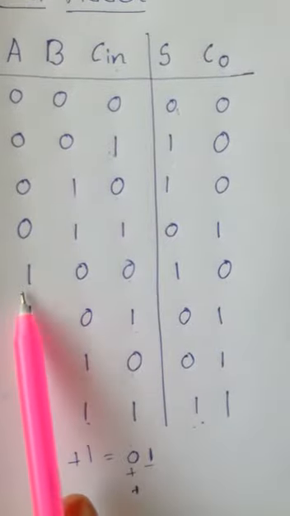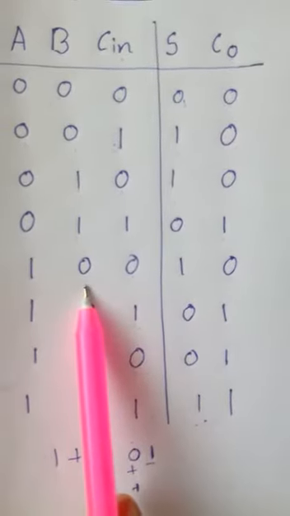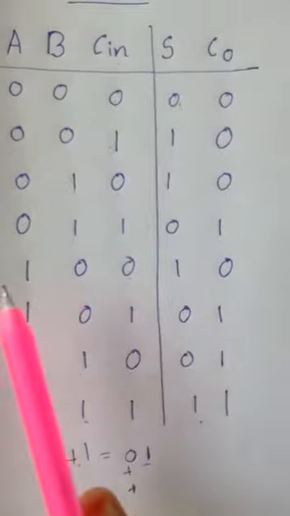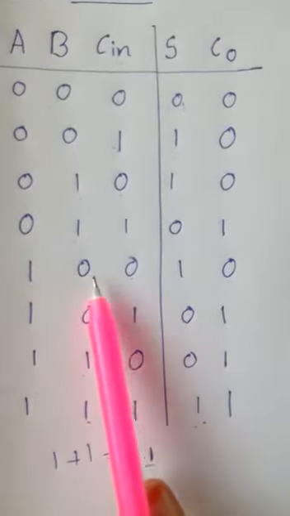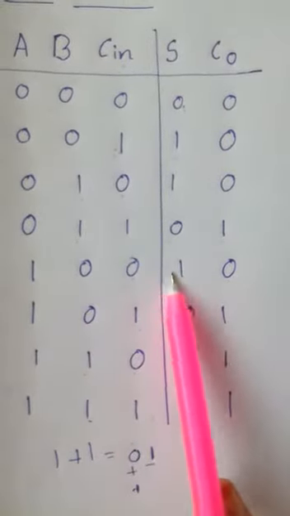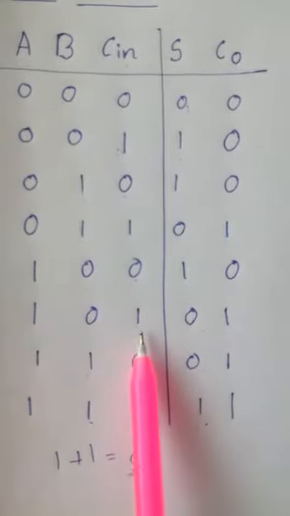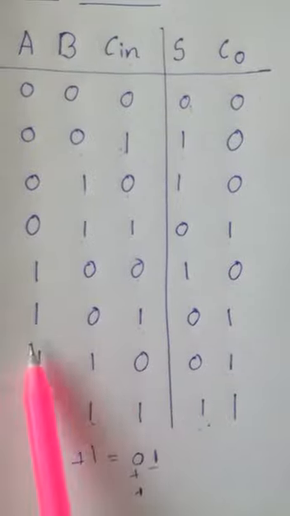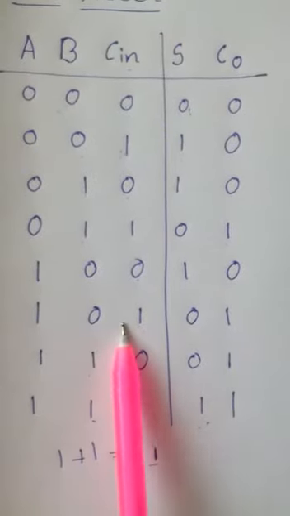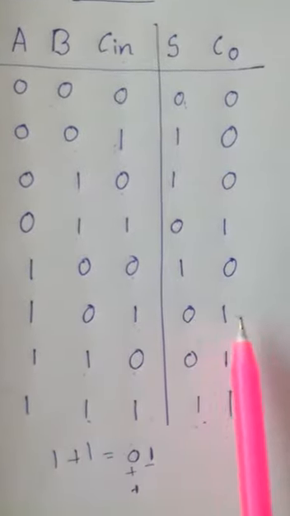Now A as 1, B as 0, C in as 0. 1 plus 0 is 1 and 1 plus 0 is 1. Sum is 1 and carry is 0. Now A is 1, B is 0, C in as 1. 1 plus 0 is 1, 1 plus 1: sum is 0 and carry is 1.